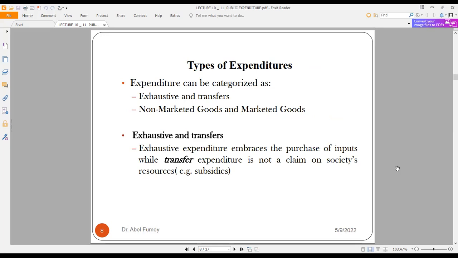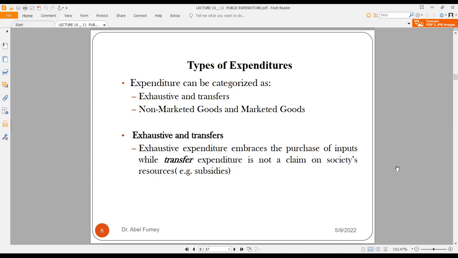Let's look at types of expenditure. The expenditure can be categorized into exhaustive and transfers, or expenditure on non-marketed goods and marketed goods. Exhaustive expenditures are the expenditure that we incur on the acquisition of inputs. The government will have to produce public goods. In its quest to get the inputs to produce these goods, the cost that it incurs on those inputs is what we call the exhaustive expenditure.